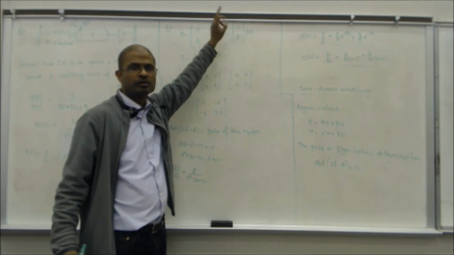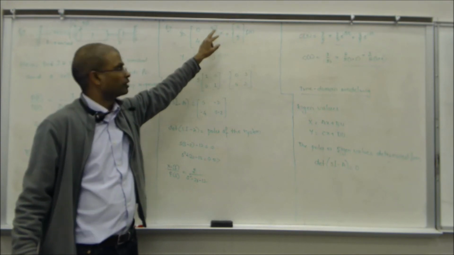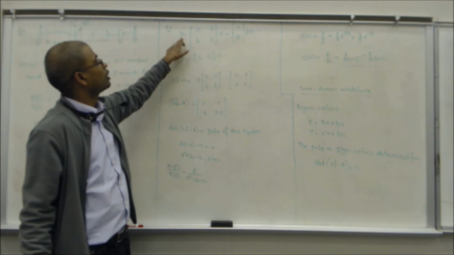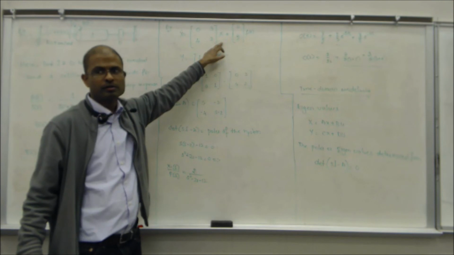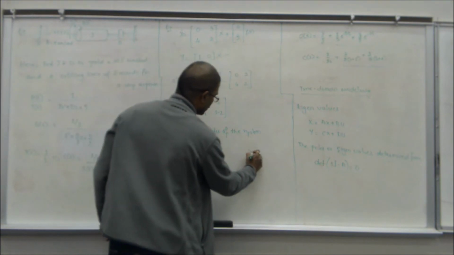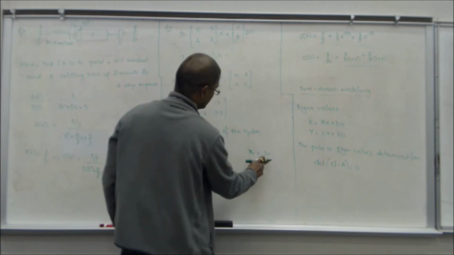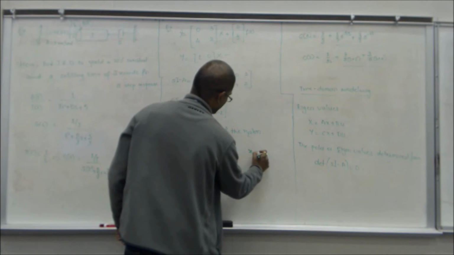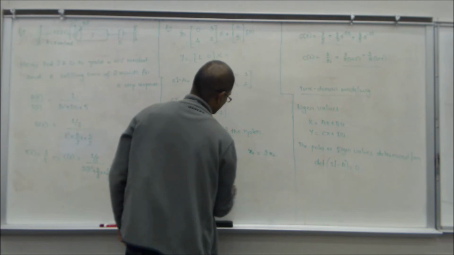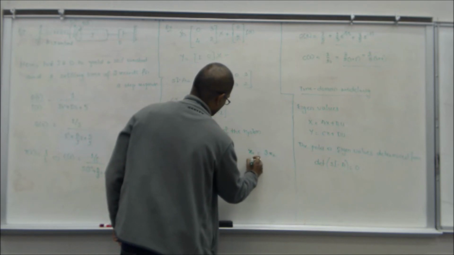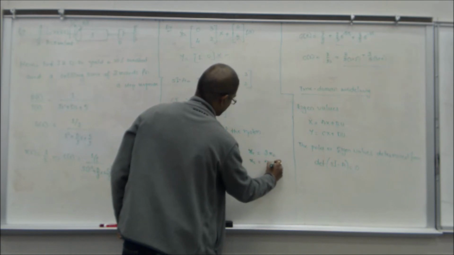So obviously this is x and x dot. So you have x1 dot is equal to 3 x2, and x2 dot is equal to 4 x1 plus 2 x2.